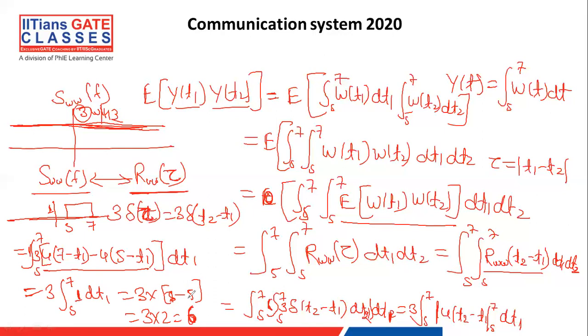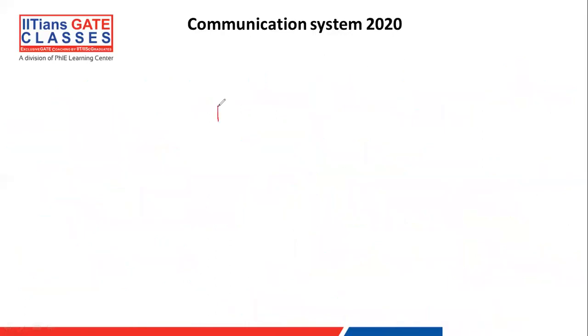So here I got the value of R_YY(tau) equals 6. When you put tau equal to 0, this R(0) will still be 6. So that will be the variance. So this is the answer.